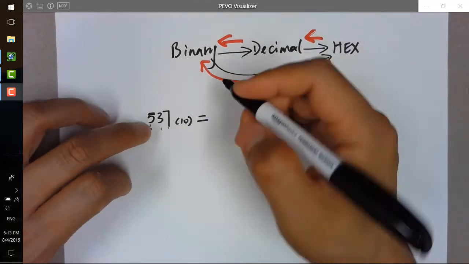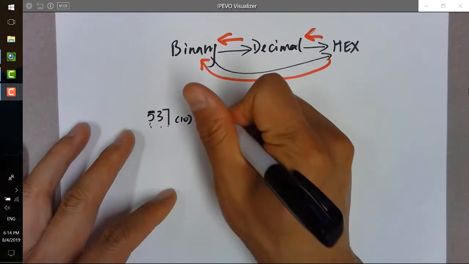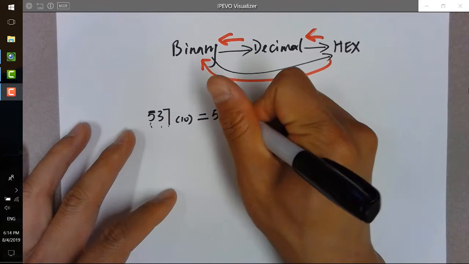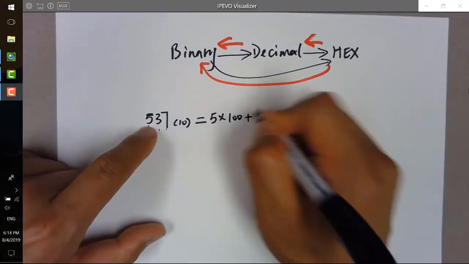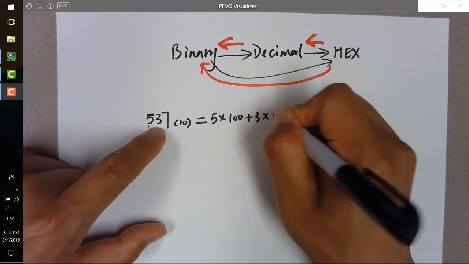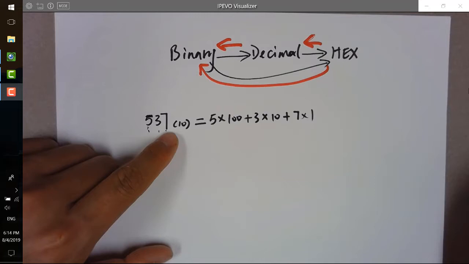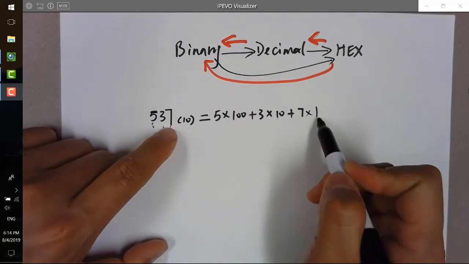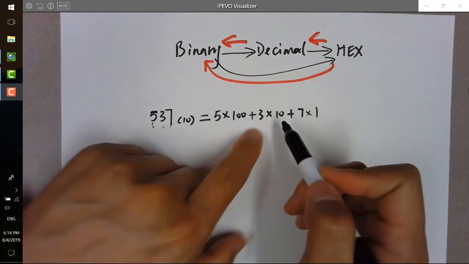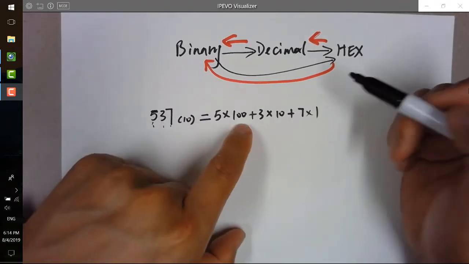So if we separate these three digits, it's going to be 5 times 100, plus 3 times 10, plus 7 times 1, because the 7 means 7 ones, the 3 means 3 tens, and the 5 means 5 hundreds.